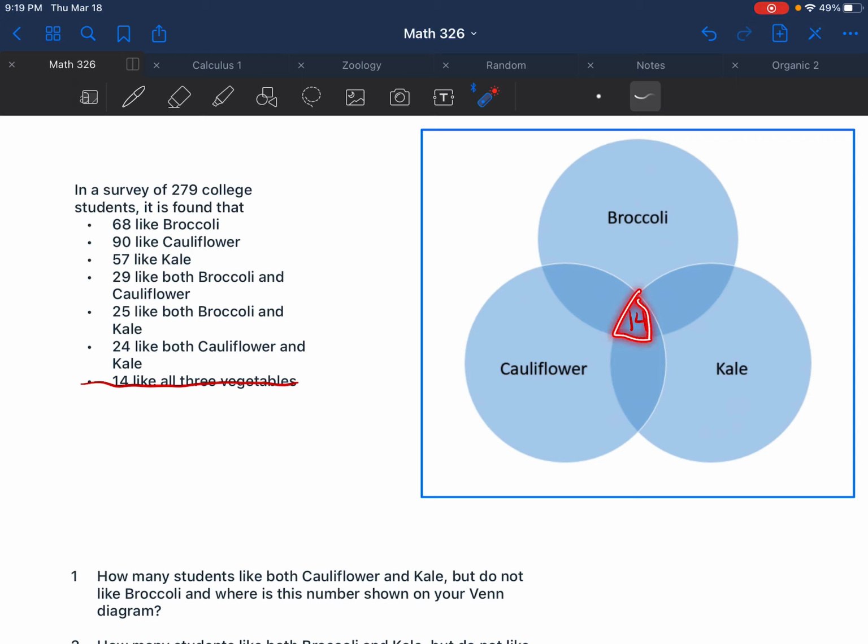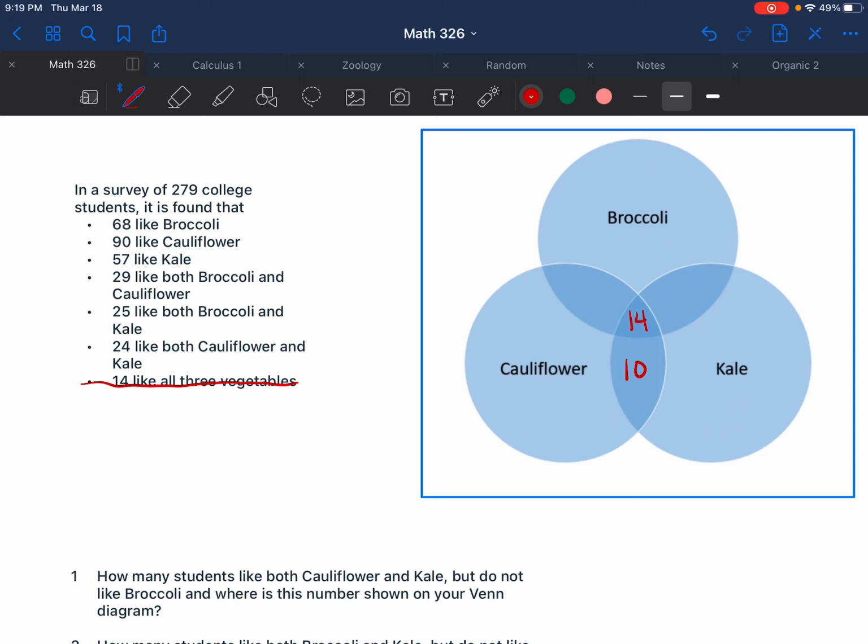14 of these people we can subtract from the 24 that the list says because they're already being accounted for in the people that also like broccoli. So 24 minus 14 is going to be 10 people. And so if somebody were to ask, how many people liked both cauliflower and kale?